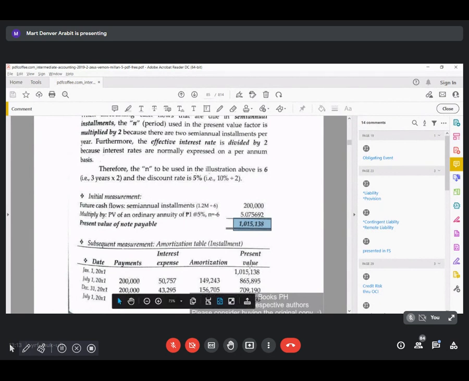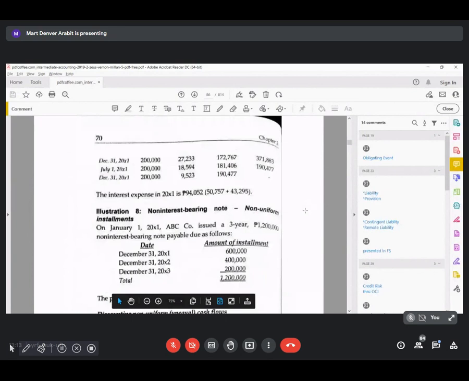Then yung interest expense should be 50,757. And we will deduct it dun sa kanyang periodic payments, 200,000. And the amortization for the first half is 149, which will be deducted dun sa present value nung notes natin. The same computation until ma-close na natin and ma-fully amortize na natin yung discount.